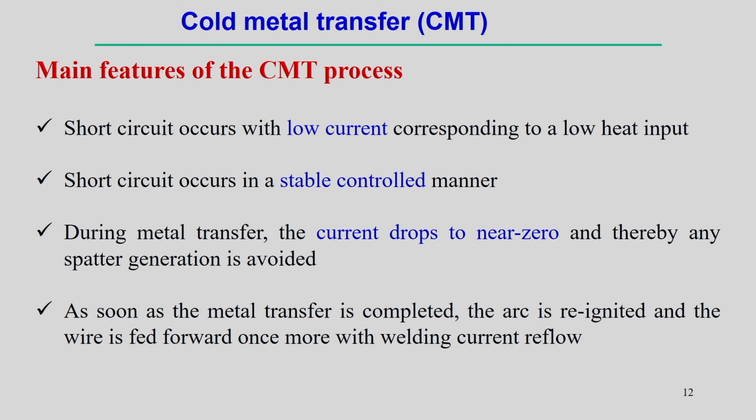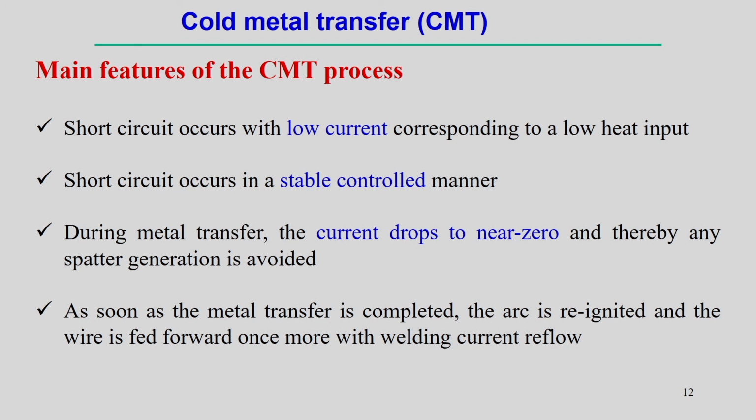Now, during the metal transfer, definitely the current drops. We have already seen the characteristics of the short circuit mode of metal transfer. So, during the metal transfer, the current drops to near 0, and thereby any spatter generation is avoided in this particular process.